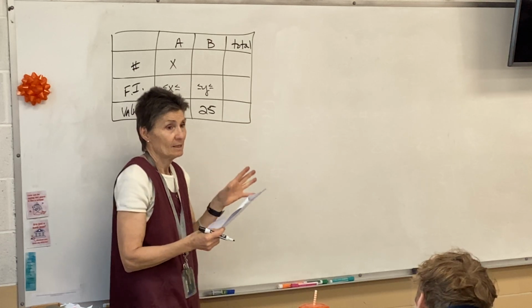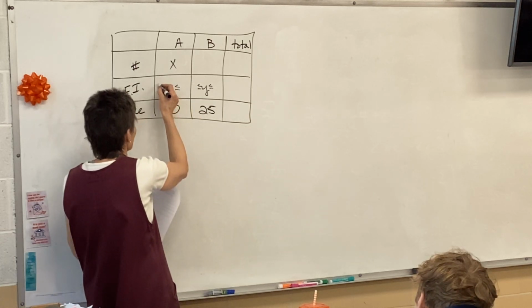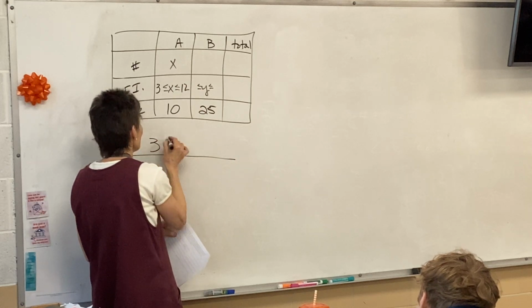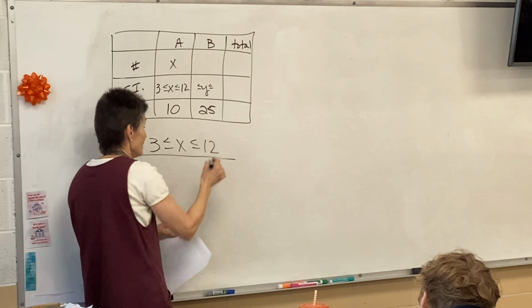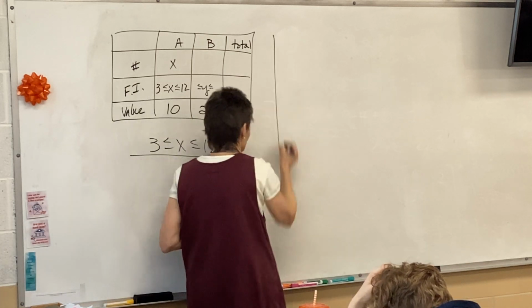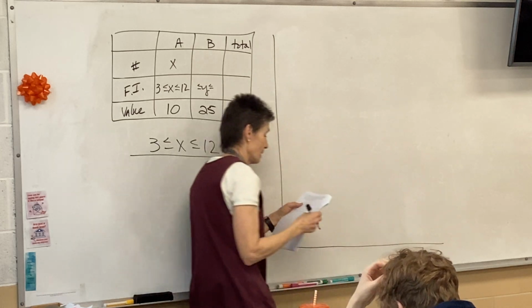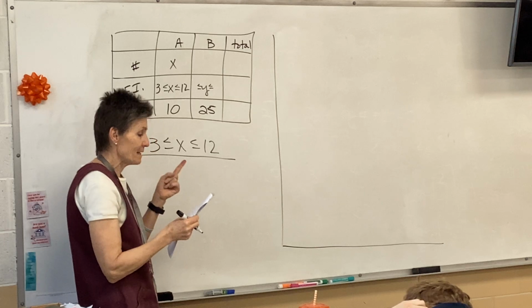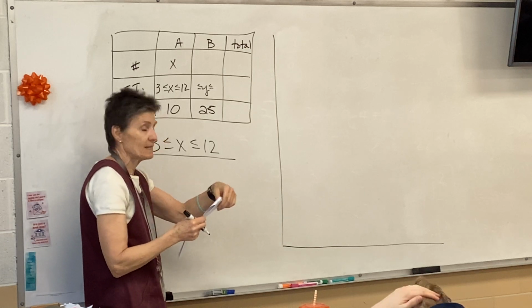So X is between 3 and 12. And remember, fixed intervals get graphed. So that's gonna be one of your constraints. You're gonna graph that in a minute. You must do at least 4 B's, but not more than 15.